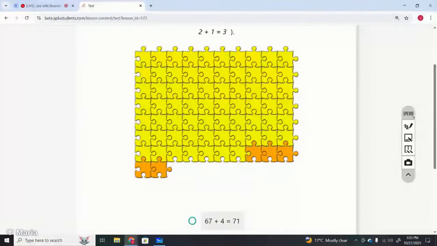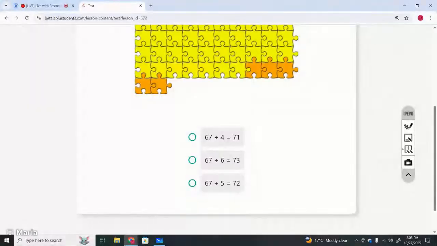So we have 67 yellow pieces and 5 green pieces. So in total they have 72.